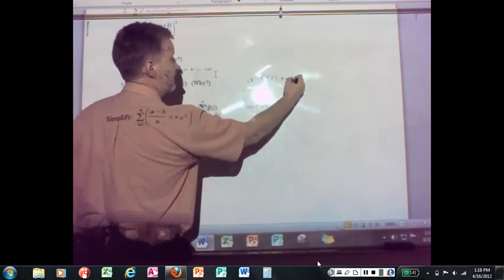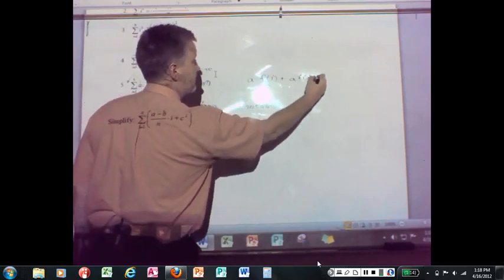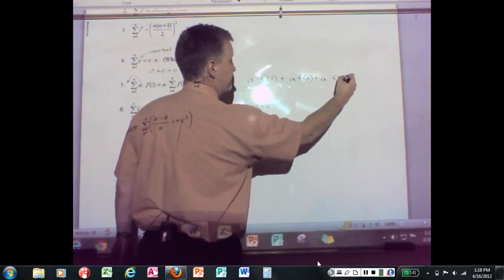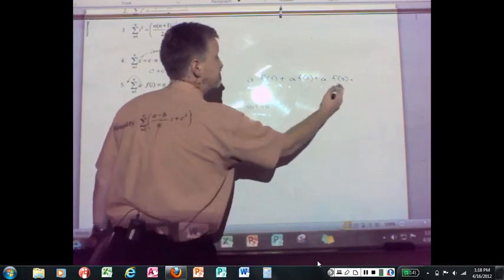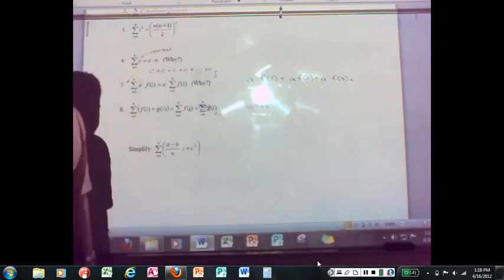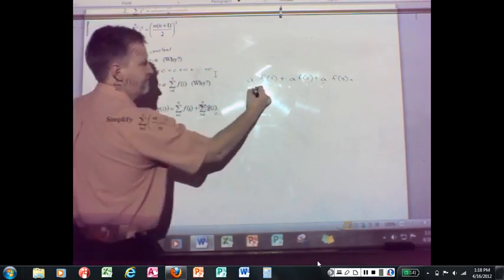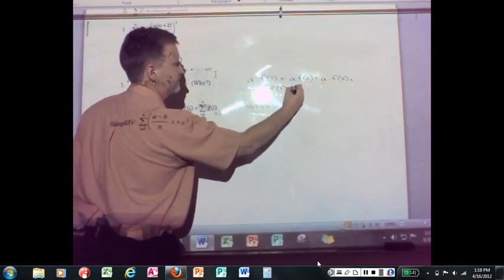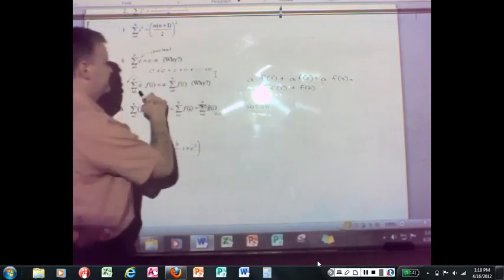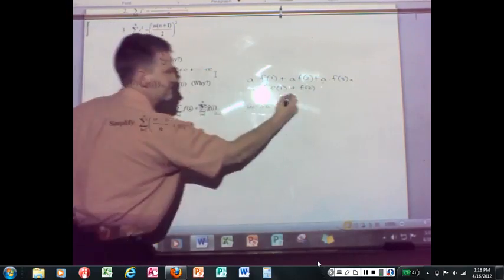Then the second one would be a times f of 2. The third one would be a times f of 3. These are just going to have a factor of a in it. So this a is just a factor, if you will, that you can factor out front. As we factor that off, you just say the sum of the f's of i's right here.